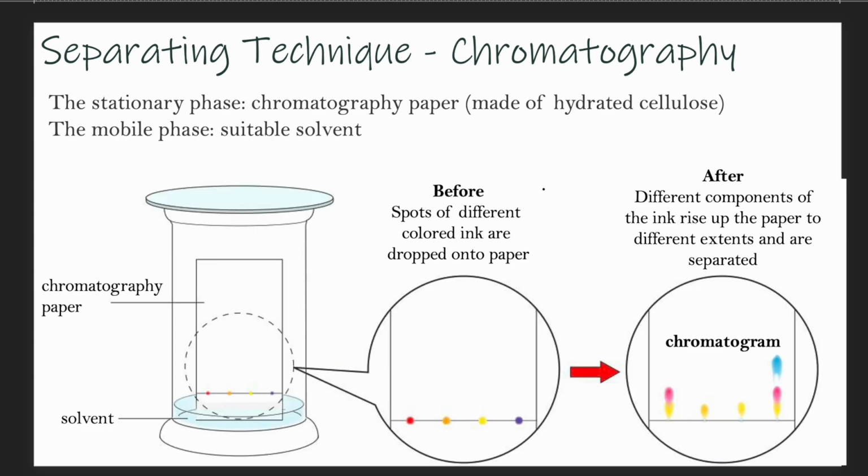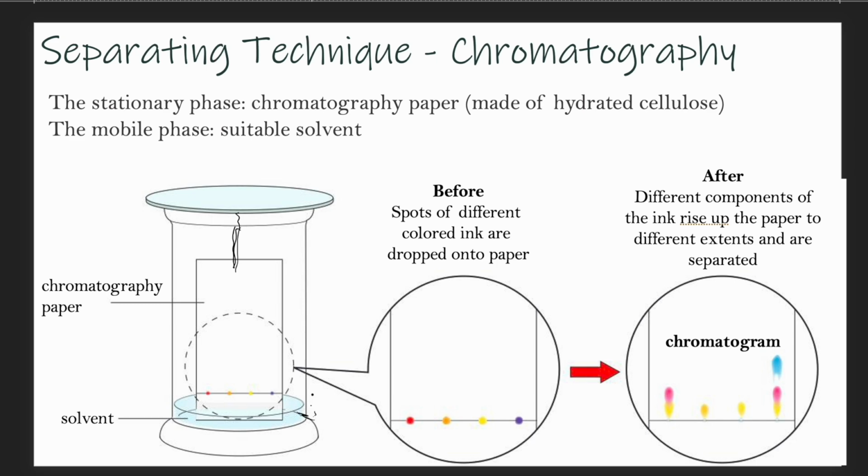Okay, so this is how you actually put the paper, and you can hang it with a thread here, right? And then cover with anything, as long as it is covered properly so the solvent will not evaporate.